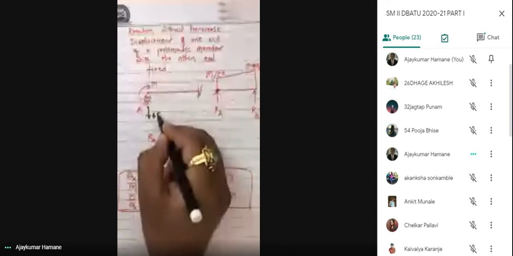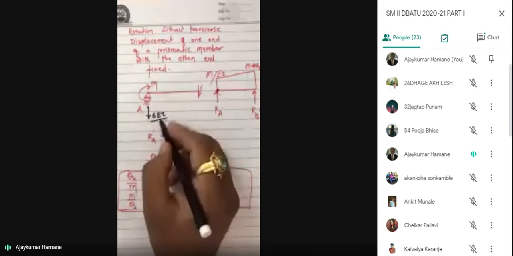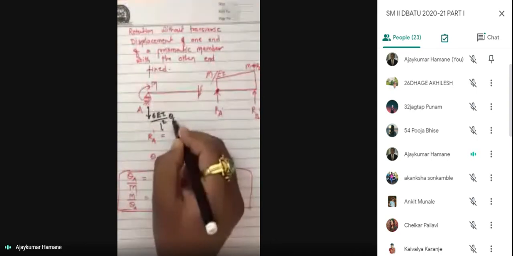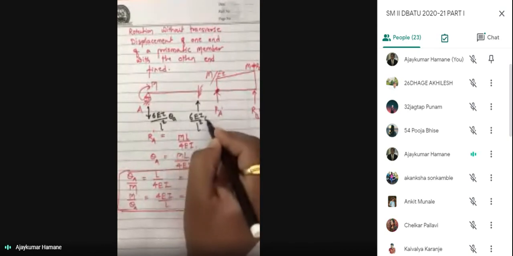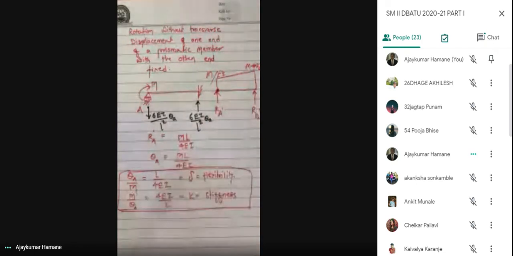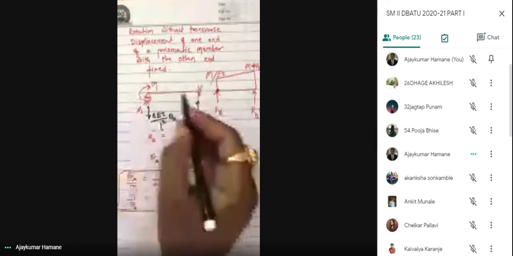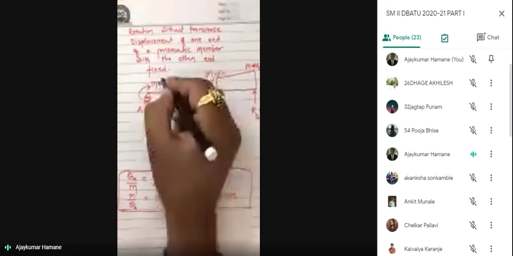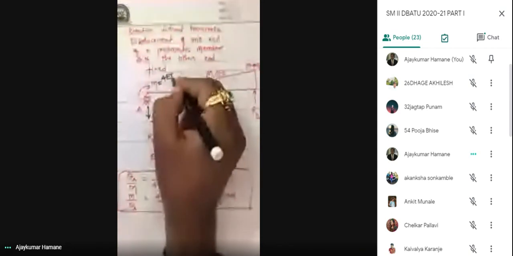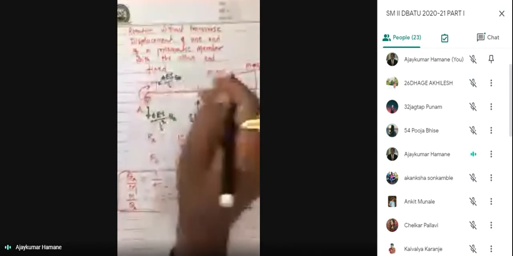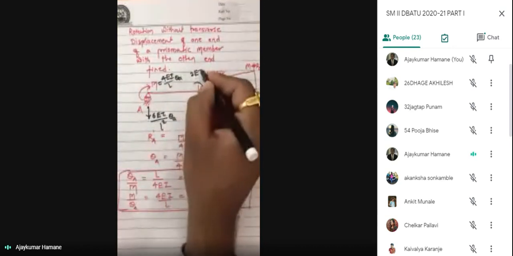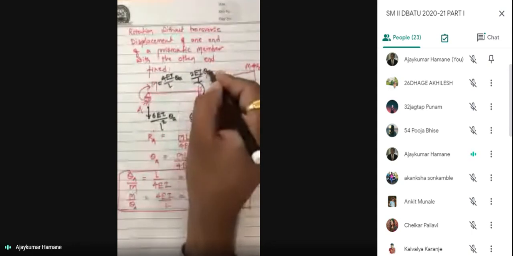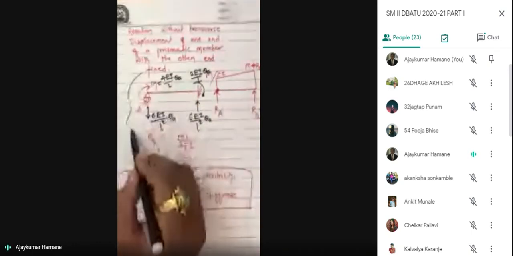So this gives us 6 EI divided by L square into theta A, and the moment M equals 4 EI by L into theta A. The carryover moment will be half, in the same direction. This gives us 2 EI divided by L into theta A. Remember this one. So this diagram you remember.